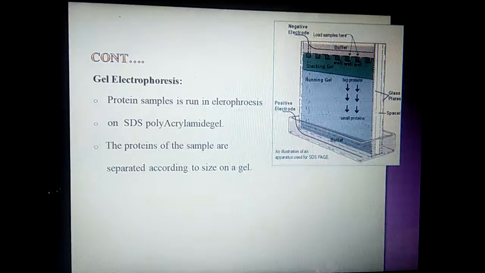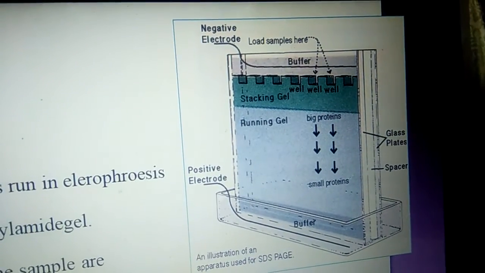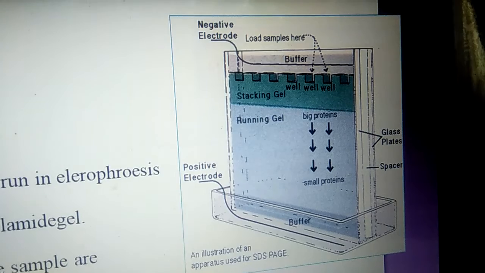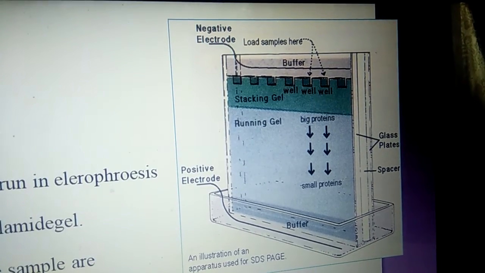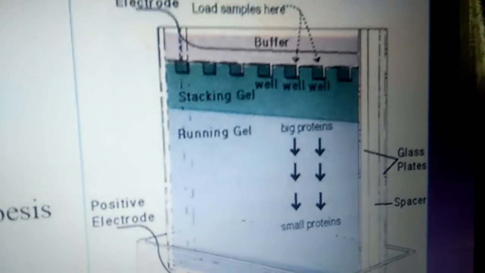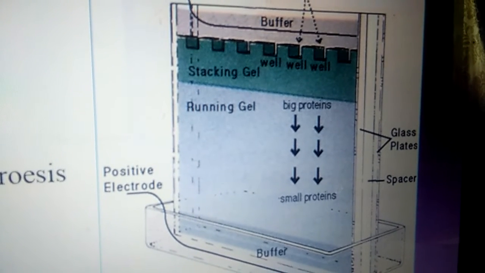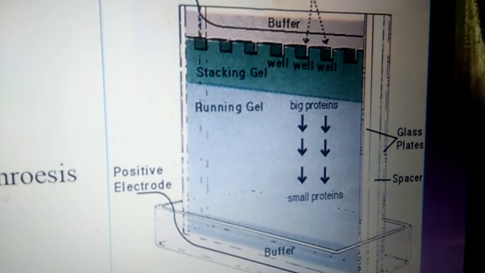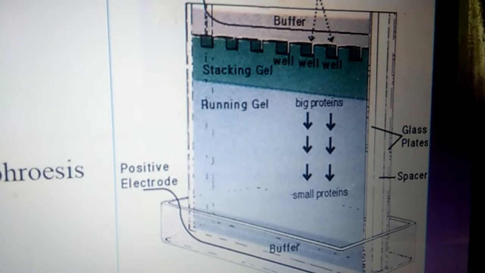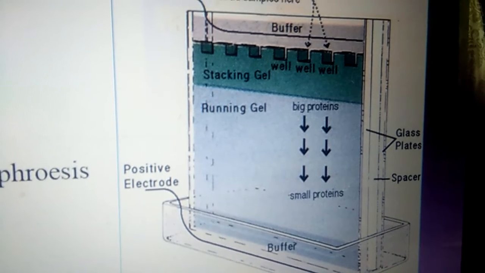What basically happens in this gel electrophoresis is we prepare the gel, that is a polyacrylamide gel. Wells are made with the help of a comb. Buffer solutions are poured and the samples are introduced in these wells. We have a dye that is used for the visualization of the samples.